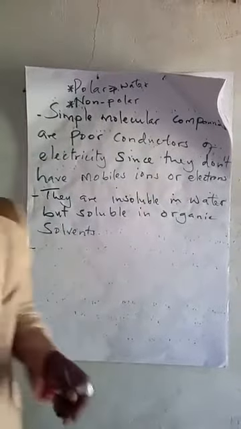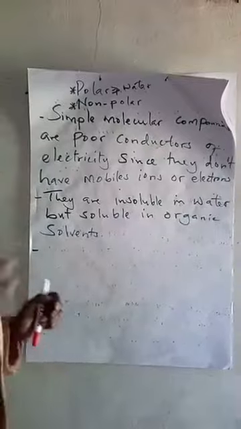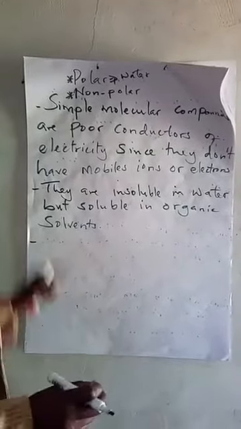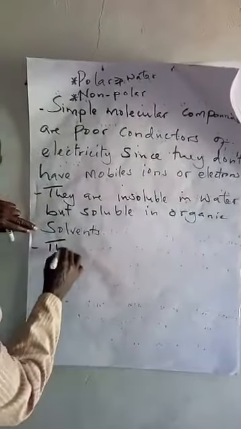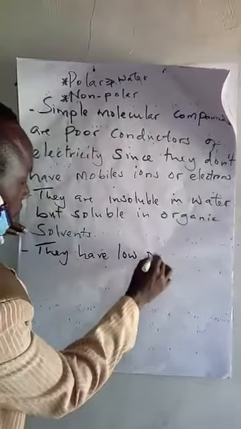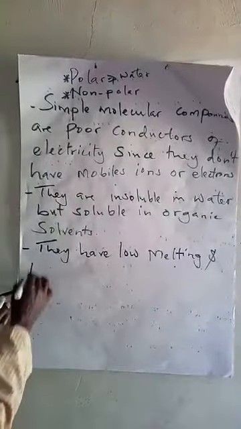We already have said most of them are gases at room temperature. Some are liquid, some are solids, but most of them are gases. So we can also say they have low melting and boiling points.